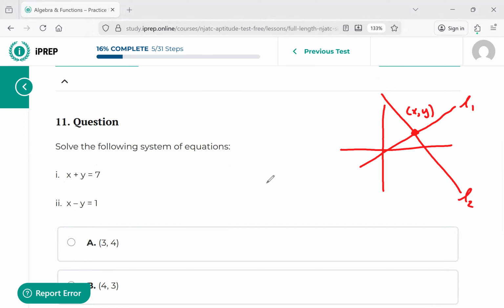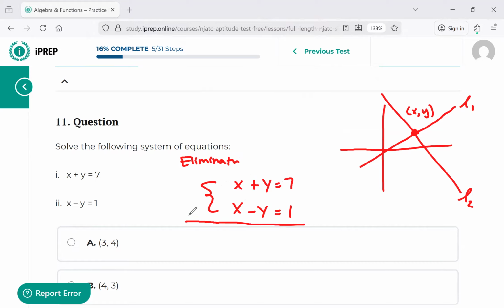There are two ways you can do this. You can do elimination. So here, let me rewrite it. x plus y equals 7, and x minus y equals 1. I'm doing elimination, and you have to figure out which letter you want to get rid of.